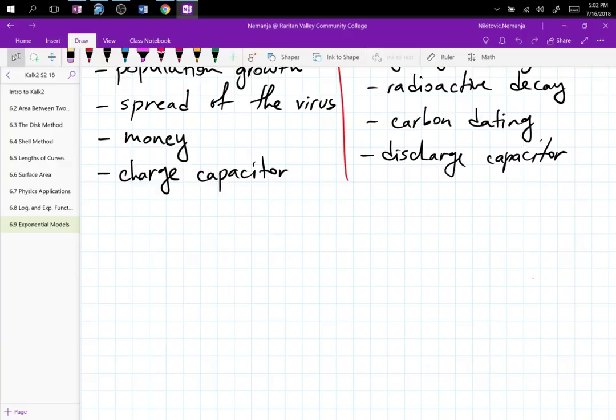Let's take a look and appreciate exponential growth. Linear growth gives us a steady increase.